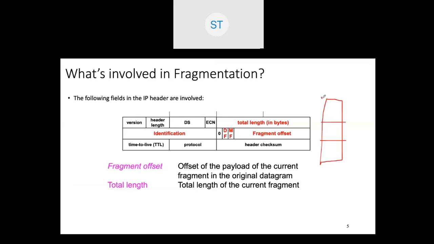This is offset 0 for understanding, this is offset 500, this is offset 1000.